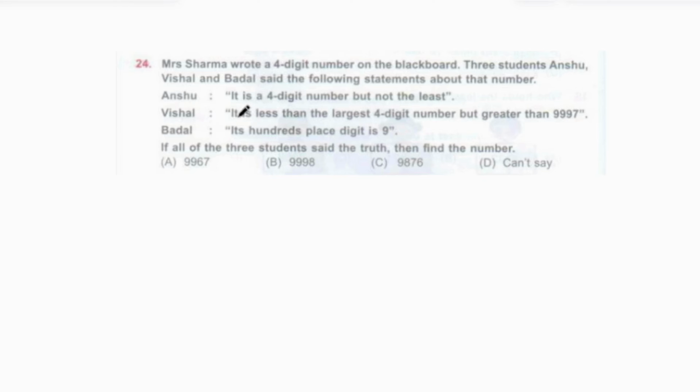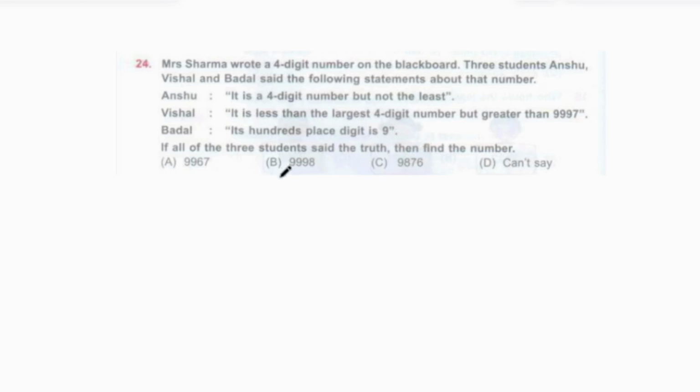Vishal said, it is less than the largest 4-digit number but greater than 9,997. Badal said, its hundreds place digit is 9. If all of the 3 students said the truth, then find the number.